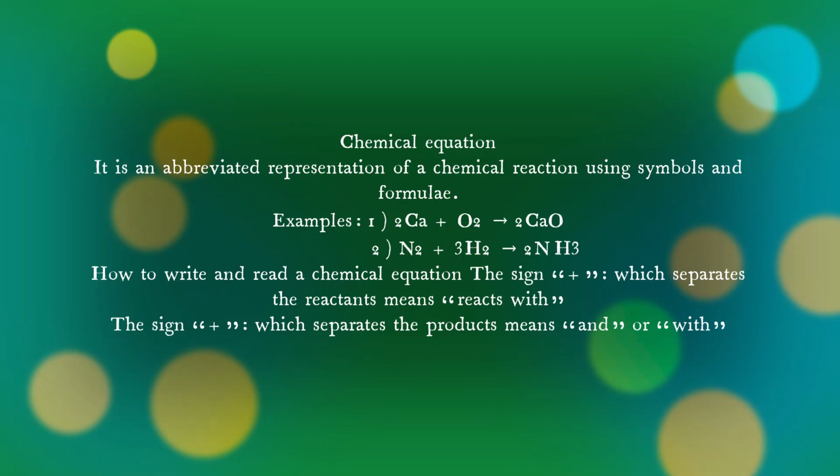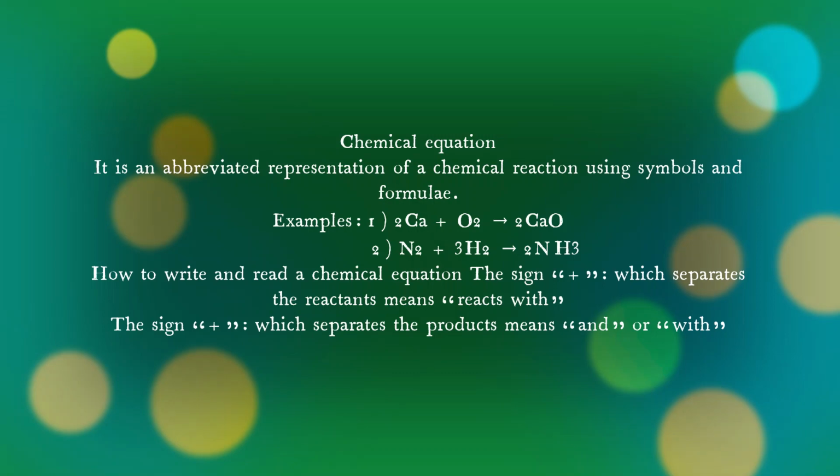In a reactant, we say the positive sign is read as "react with," and also in a product, it is different. In a product, we say "and" or "with," not "react."